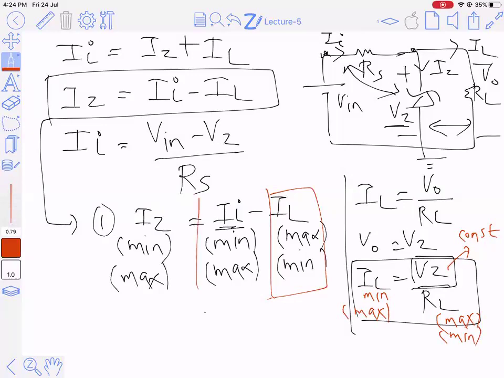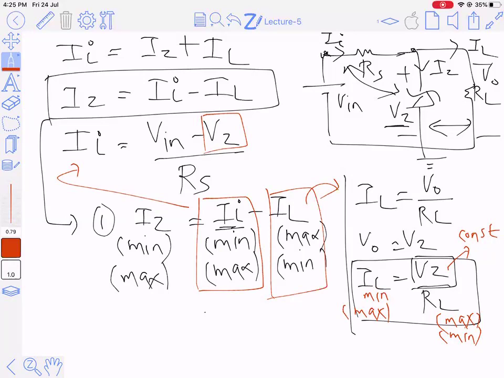What about II? If I talk about II, I have this formula. For IL, I wrote like this, and Vz is constant. So what about the II relation?